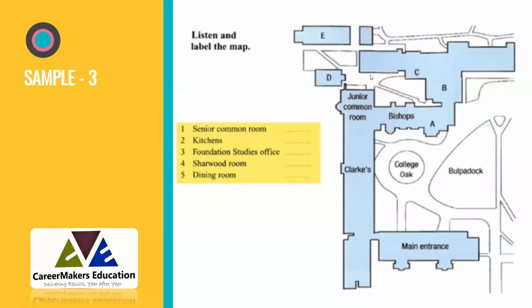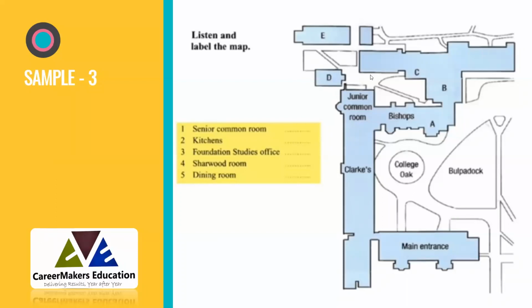What about others? Is there anyone who missed the answers? All right. So everyone, I think everyone found this map a bit tougher than the first two samples, right?